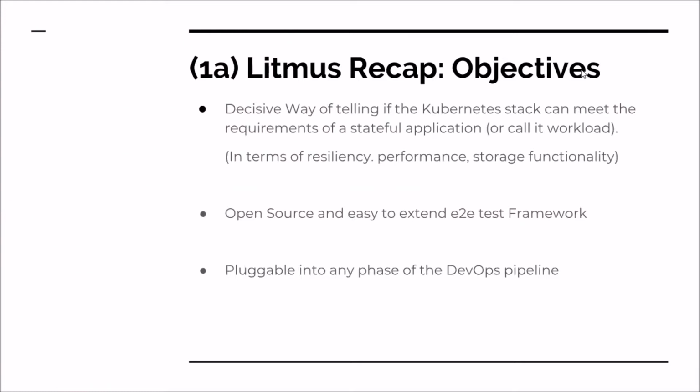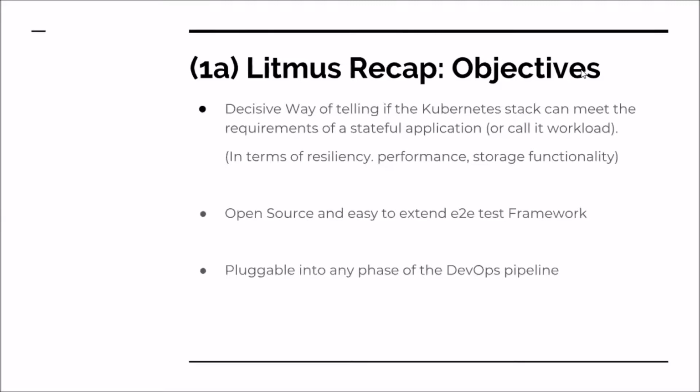And the third goal was to have it pluggable at any stage of a DevOps pipeline for the stateful application. This is not meant to replace the test stage of the application DevOps pipeline, but rather just add on and help with increased visibility into how the application performs with a given storage provider.